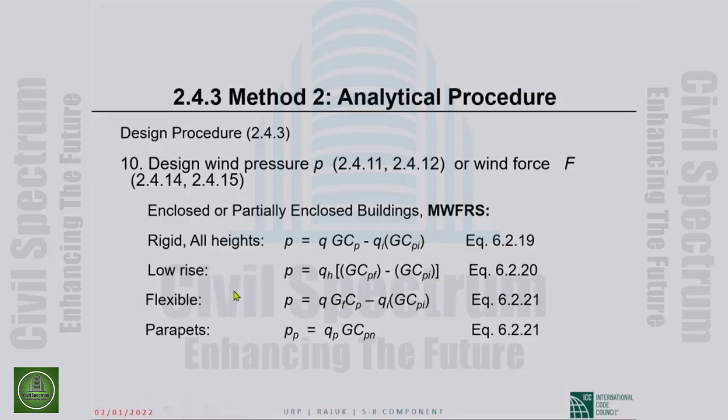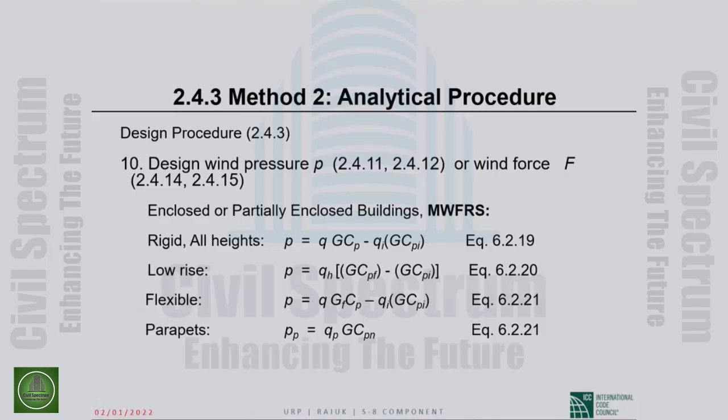Now, if it is a low-rise building, remember, mean roof height not exceeding 60 feet, nor exceeding the minimum plan dimension, and it is not an open building, it is enclosed or partially enclosed. The low-rise analytical procedure is what I skipped. In that procedure, even on the windward face, we do not take q sub z, variable wind pressure.